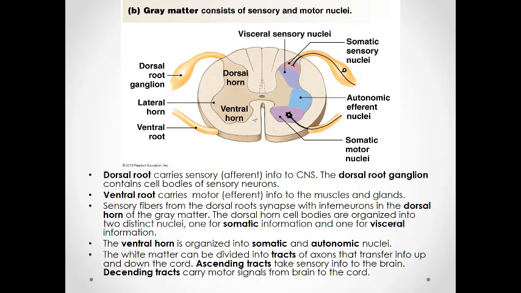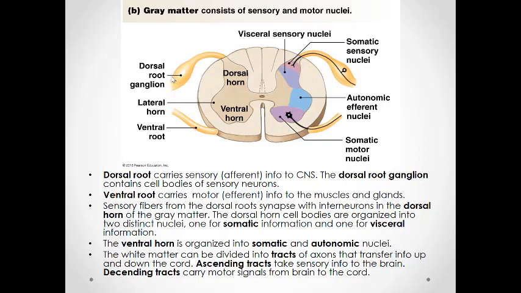Taking a slice of the spinal cord and taking a deeper look at some specific areas of it, we have the dorsal root ganglion, and this is going to carry afferent signals to the central nervous system. So remember, afferent nerves carry information from my senses on my body to my central nervous system.